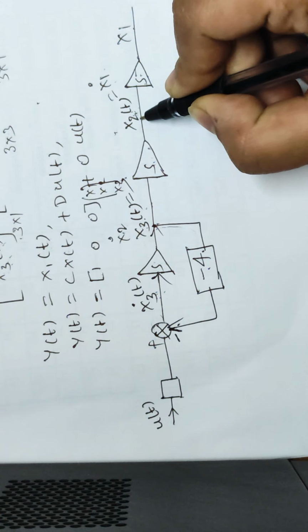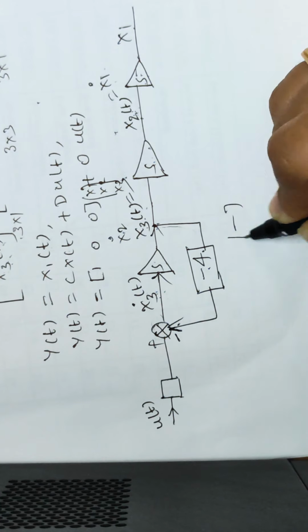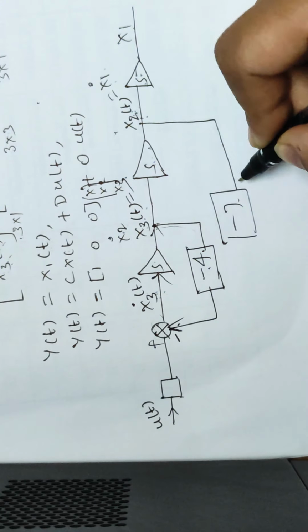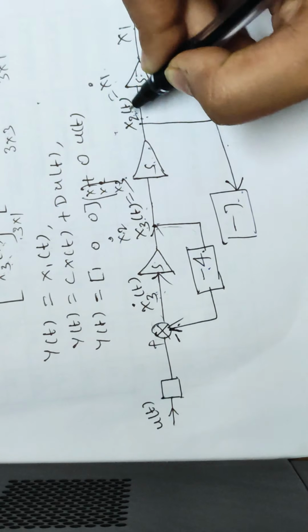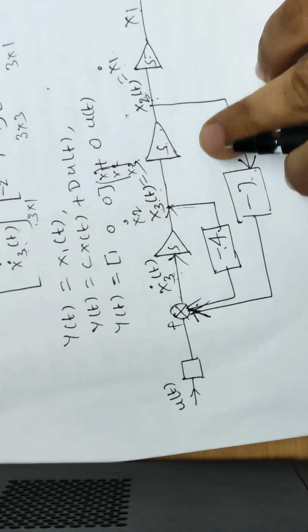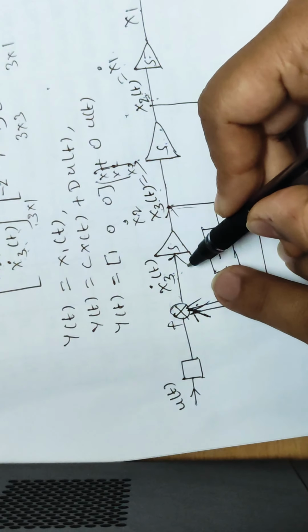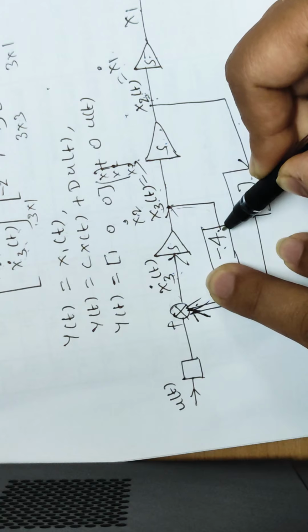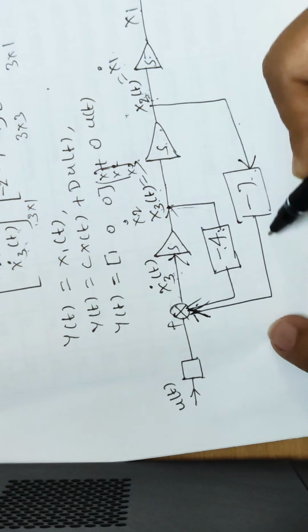Where is the x2? x2 is here. Minus 7, block diagram multiplication, minus 7 into x2, where does it come? Here. x3 dot is equal to minus 4x3 and minus 7x2.